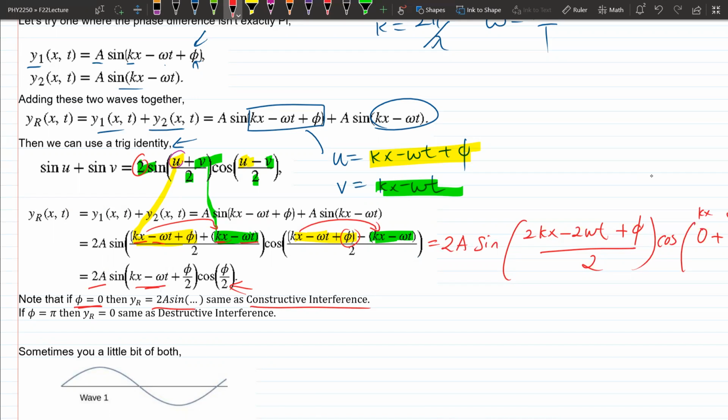But unfortunately, I didn't give myself a lot of space here. Let's say the phase shift between the two waves is 180 degrees. You put in pi here, right? Cosine of pi over 2, cosine of 90 degrees, is actually always 0. So you get a 0 at the answer here, because anything multiplied by 0 is 0, right? So in this case, you get complete destructive interference.